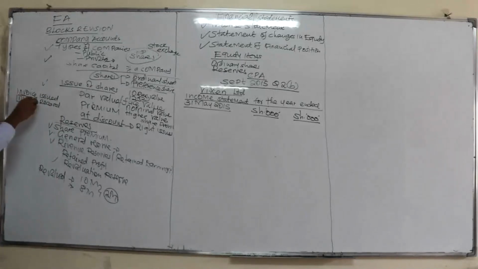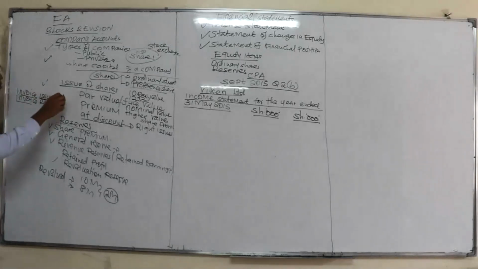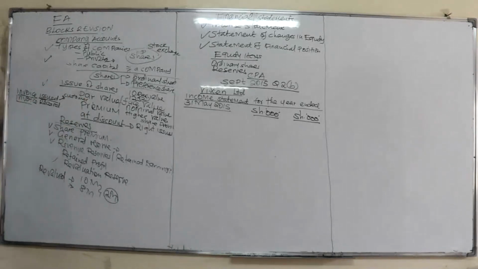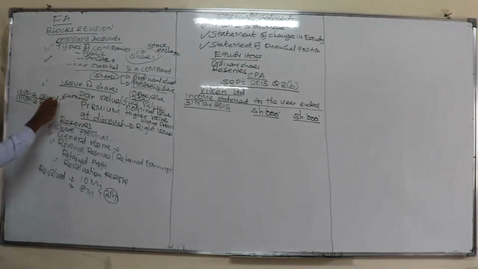So when you issue an invoice, this is whereby you are giving to a credit what? Customer. When you are giving to a customer, the one who has bought goods on credit, you give him an invoice. That is invoice issued. It means there must be goods you sold to him on credit for him to get that invoice.